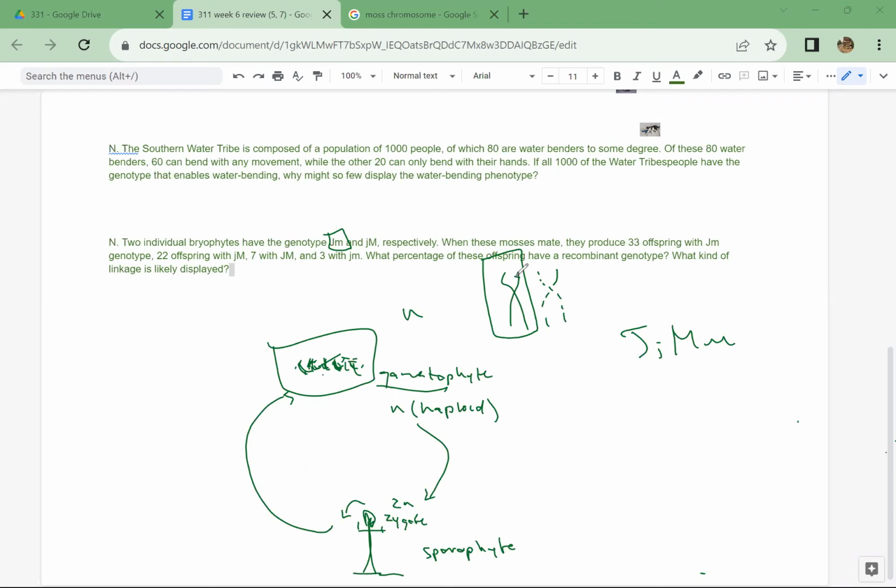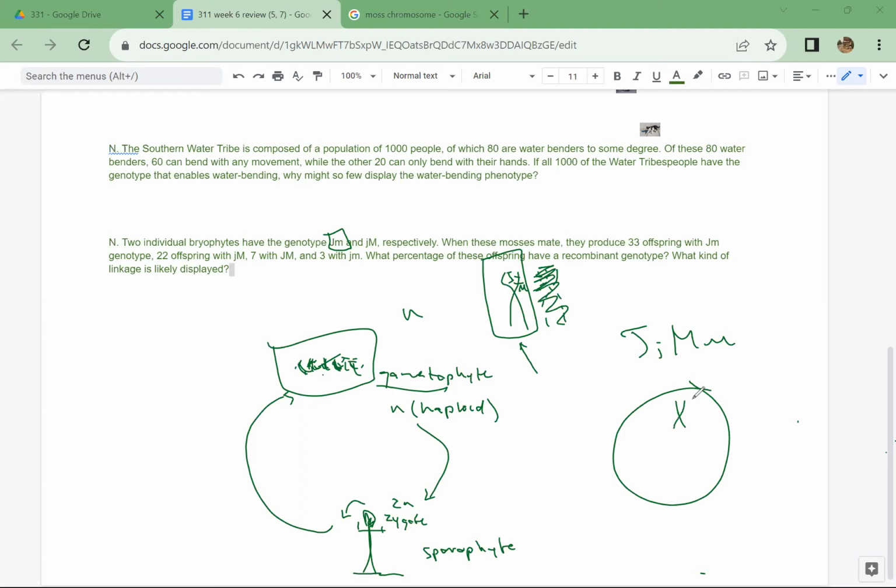And because this is where J is, this is where M is, there is no corresponding J, no corresponding M, because we're haploid. There is no homologous chromosome for us to have another allele. So when these align for meiosis, they don't have a homologous chromosome to align with.